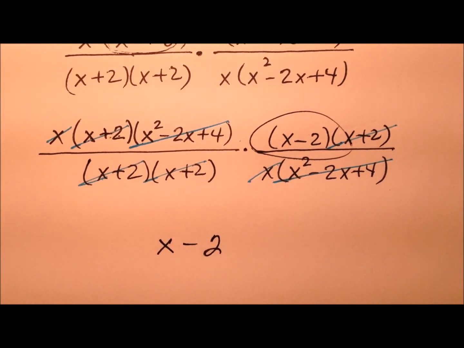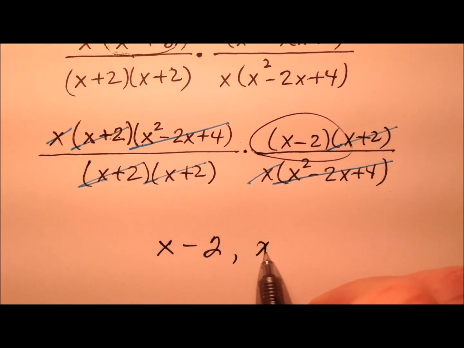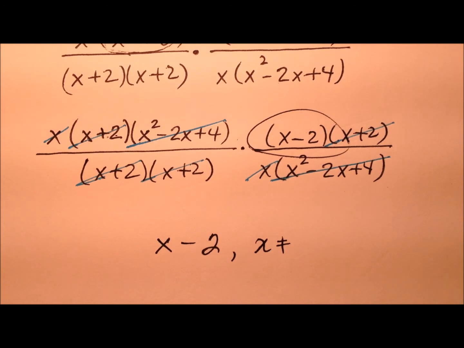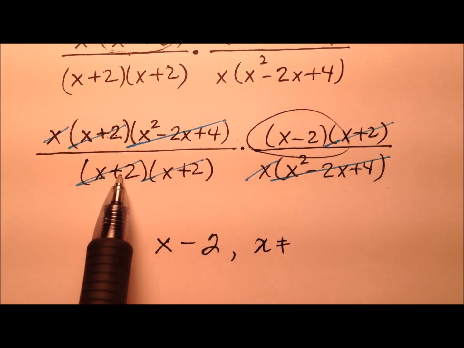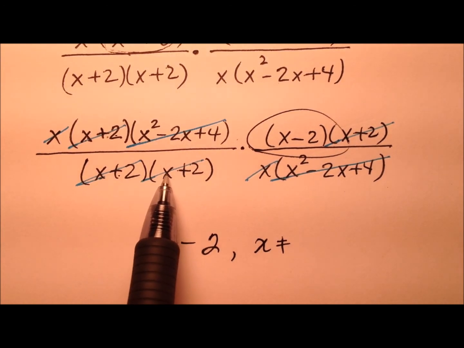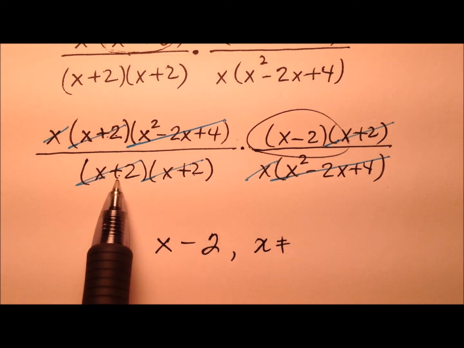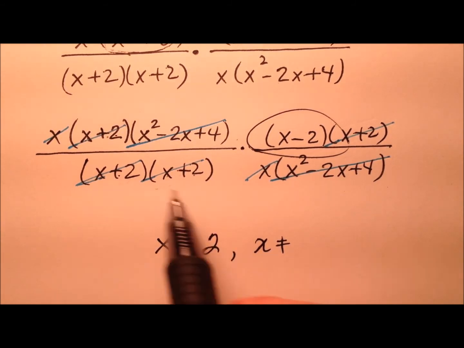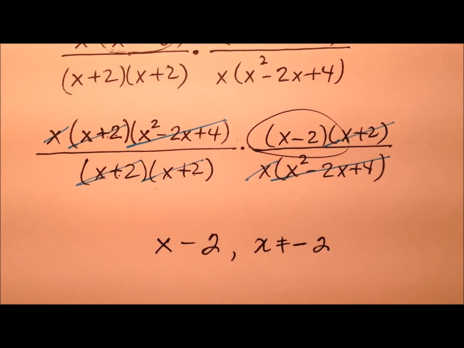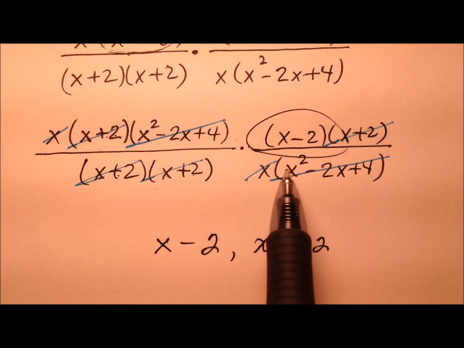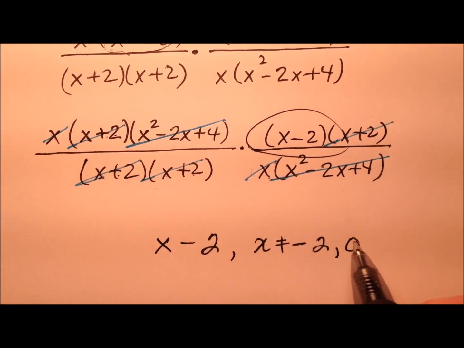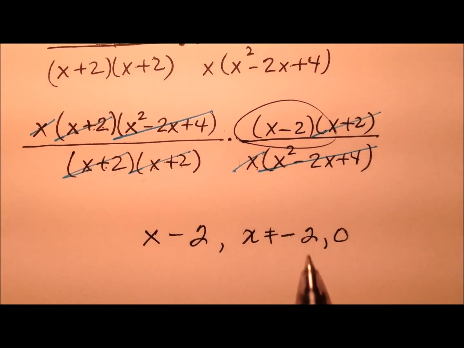But let's take into consideration values that were canceled out, so values of x that we cannot use. Okay, so x plus 2 canceled out, and the x plus 2 here canceled out, but those are the same things, so I only need to consider it once. So x cannot equal negative 2. Also here I have the x that canceled out, so I know x cannot equal 0.